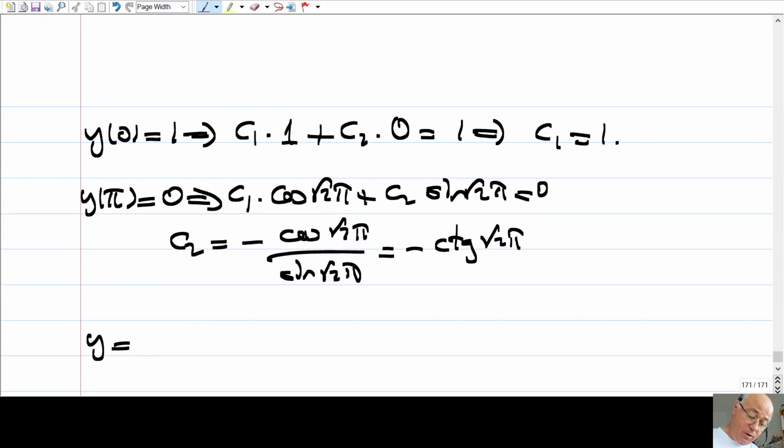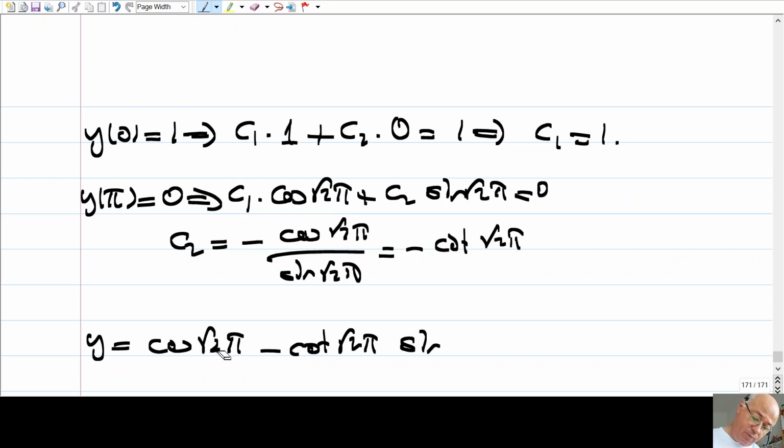So we get a unique solution, right? It is cosine root 2 x minus cotangent root 2 pi times sine root 2 x.